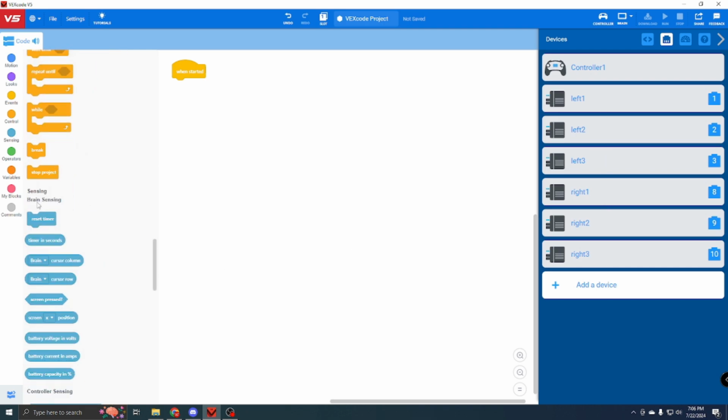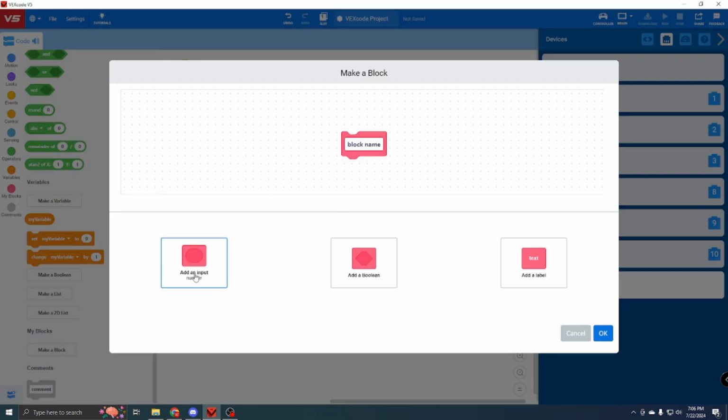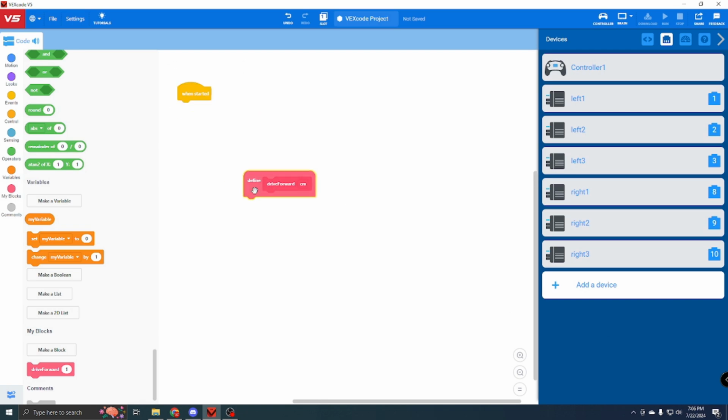First thing that you need to do is come down to my blocks, and you need to make a block and add an input. I'm going to name mine drive forward, and then this number is going to be in centimeters, right? Okay, so here it says define drive forward centimeters.